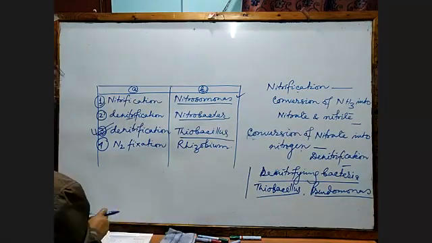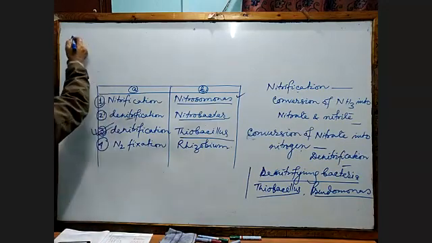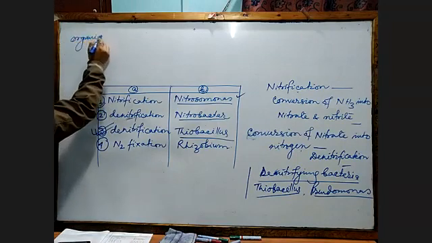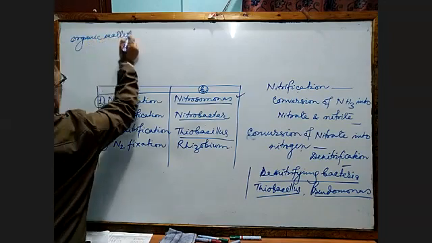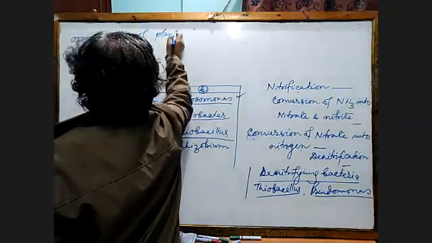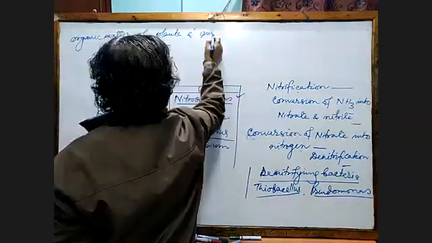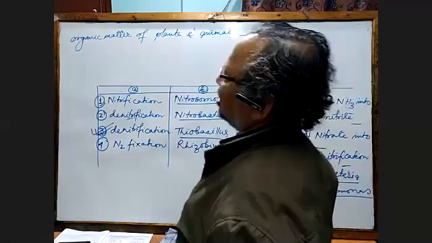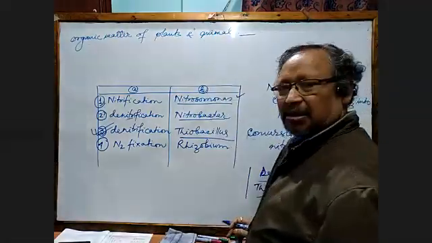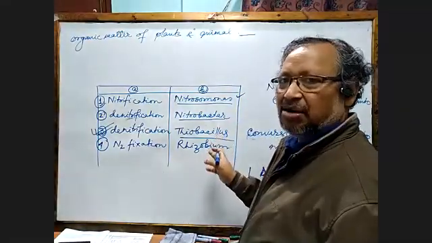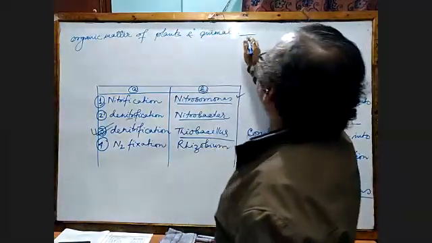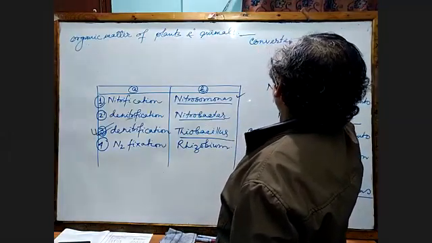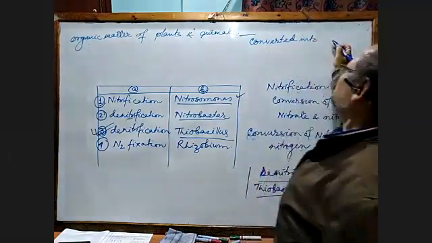In nature, the dead organic material of plants and animals, after death, is converted into ammonia.